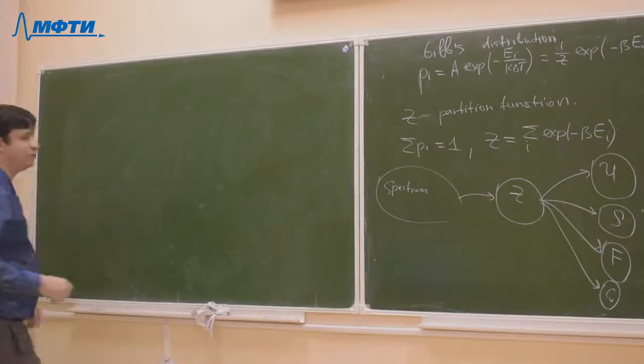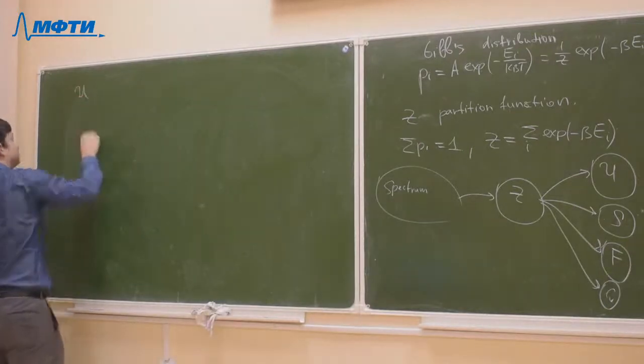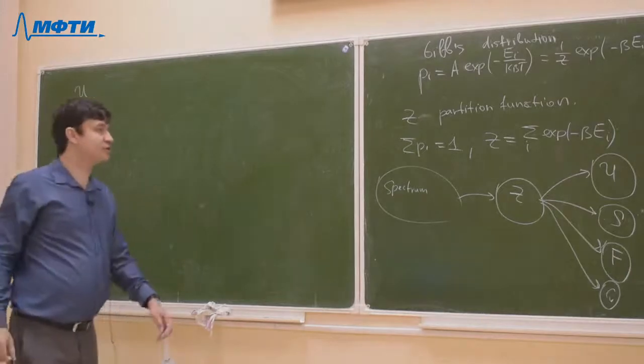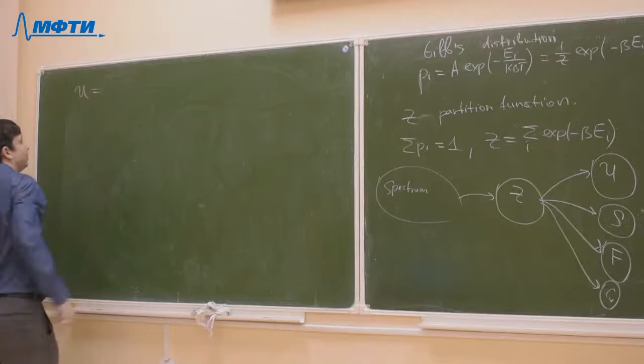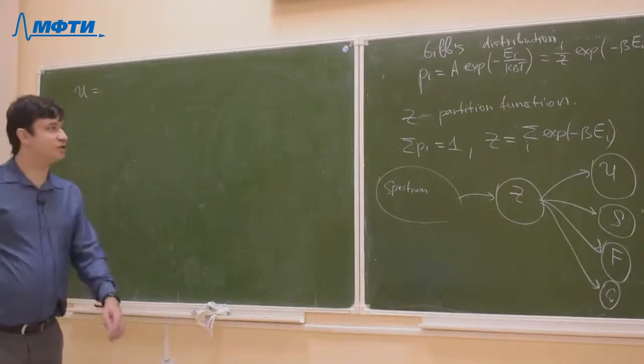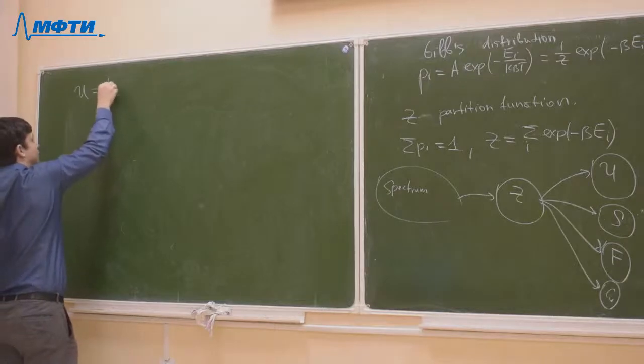Okay, let's assume you want to find the internal energy if you know the partition function Z. Internal energy, by definition, is an average energy of the system.